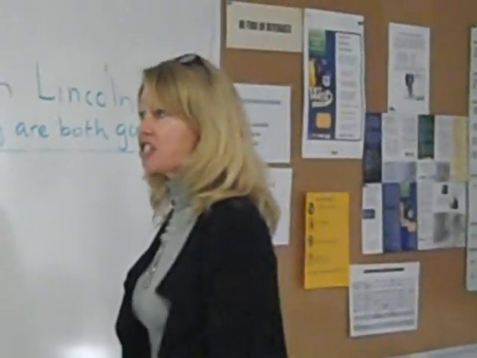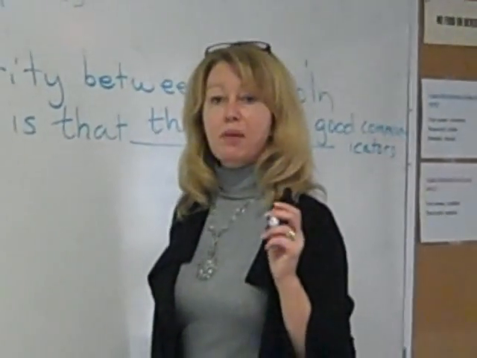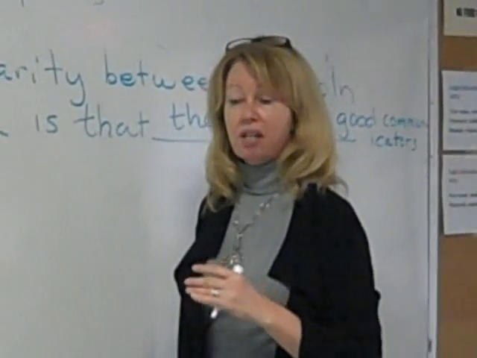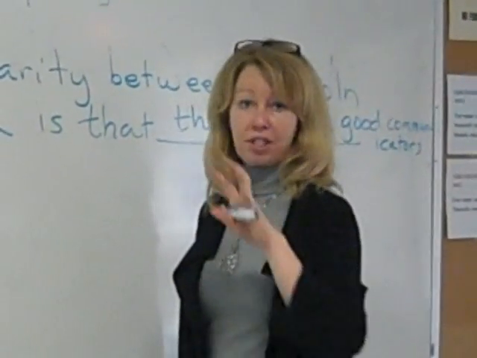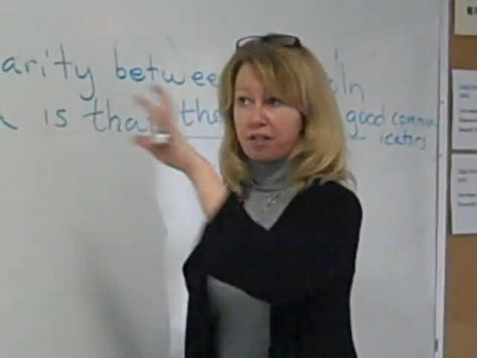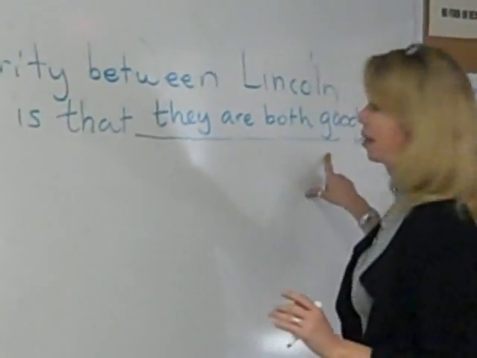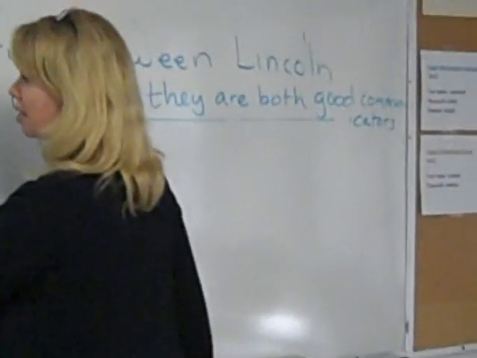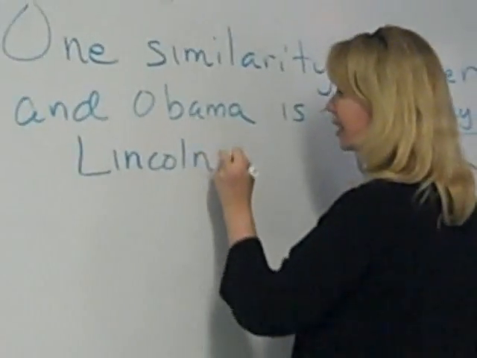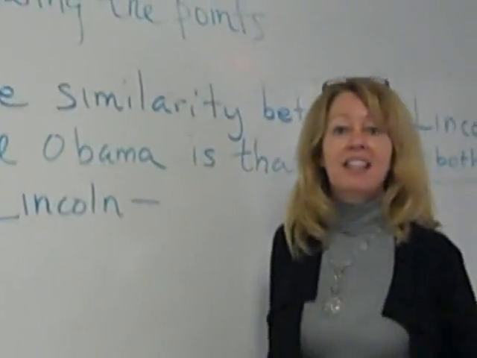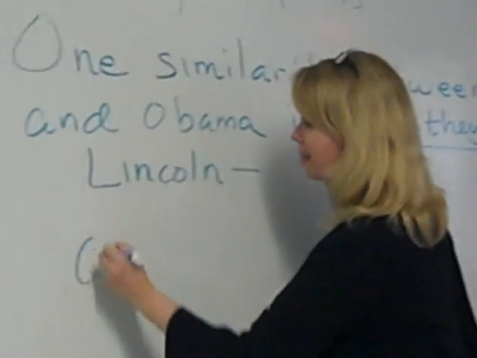Communication. This is called the point-by-point organization, because we're not talking about one person first, Lincoln and then Obama. So point by point. The first point is communicators. So first you're going to start with Lincoln. Remember we did this the other day, and then you're going to do Obama.